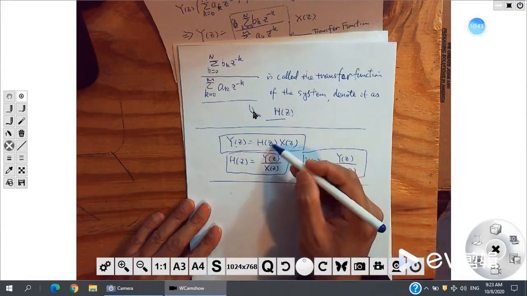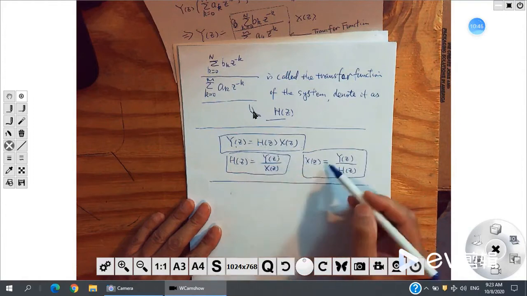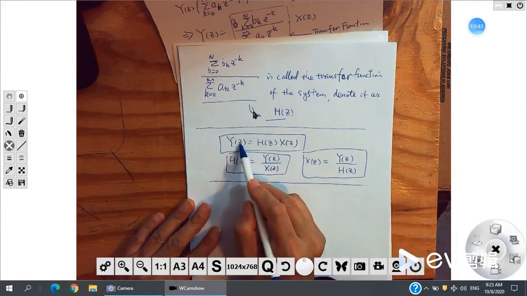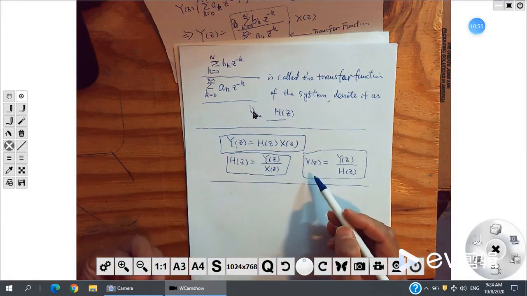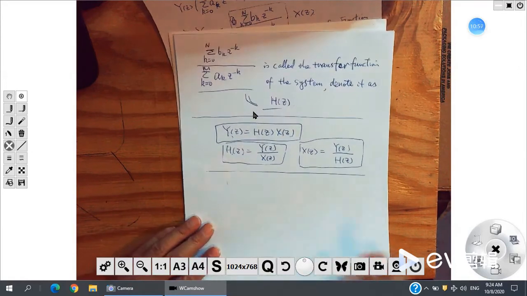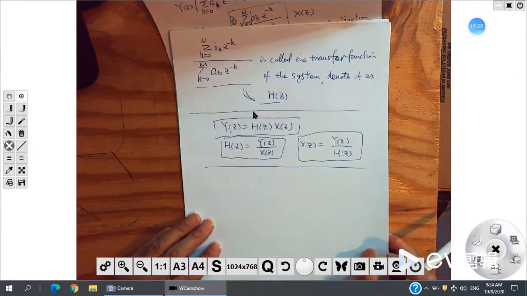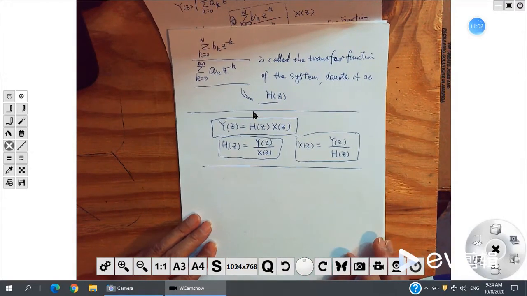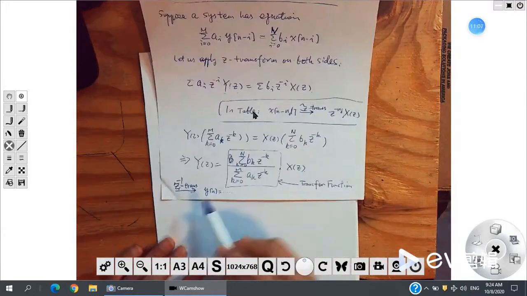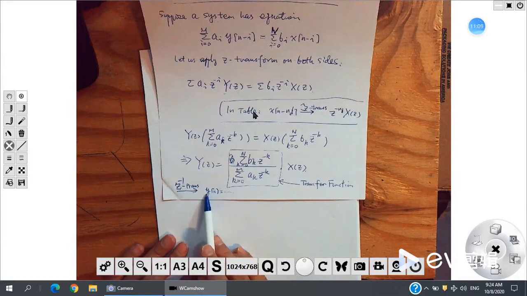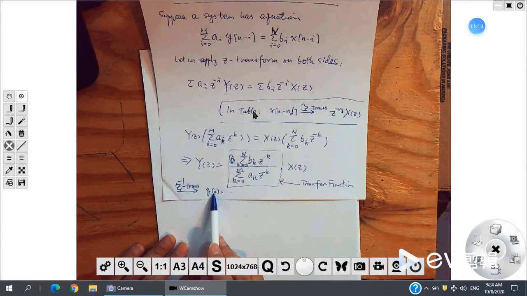And actually these are similar in the Fourier transform. Remember, you just replace z by e to the j omega, then you have all these formulas in terms of the Fourier transform. Okay, this is one thing. Here we have something more complex. You need to consider the ROC. When you want to find the inverse z transform to get y of n, you need to know the ROC.